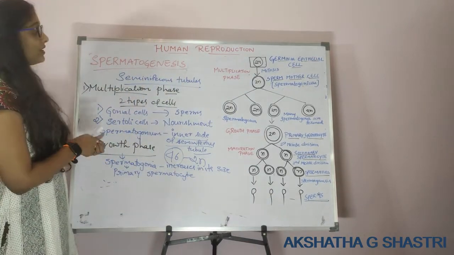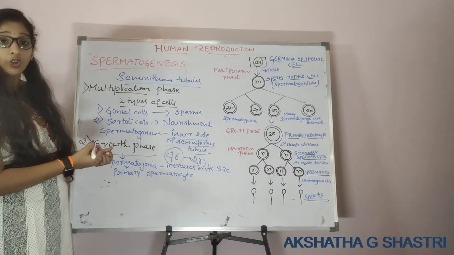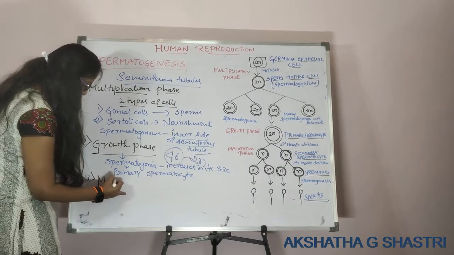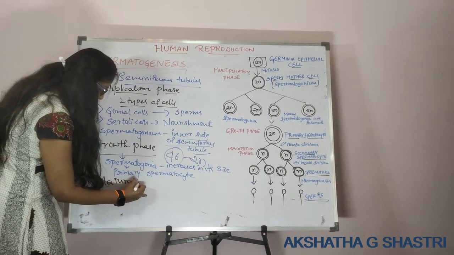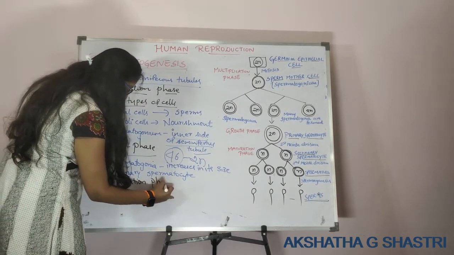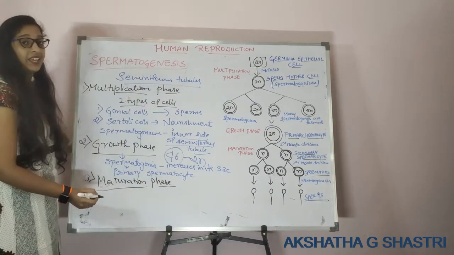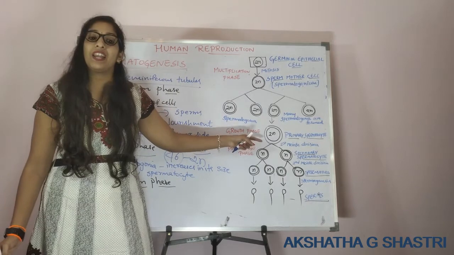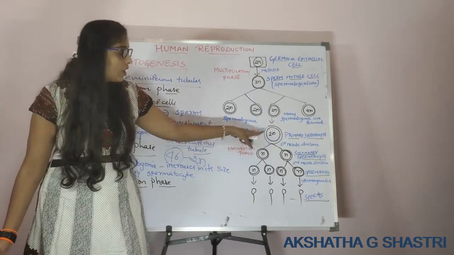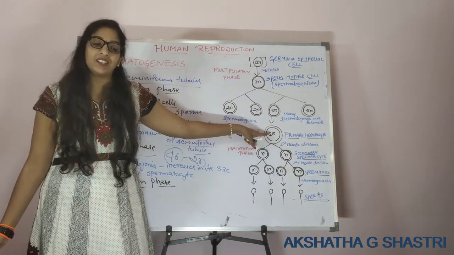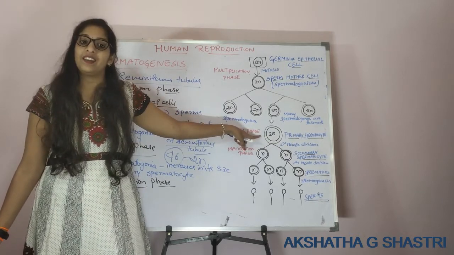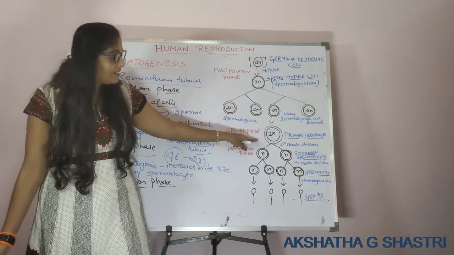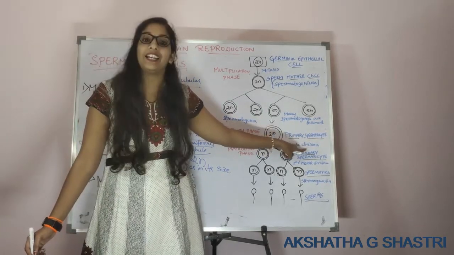Next, the third phase, the maturation phase. See, in the maturation phase, this primary spermatocyte, which is also diploid, 2N, as indicated here, undergoes the first meiotic division.